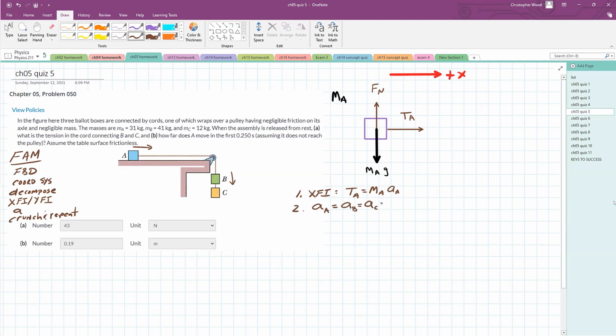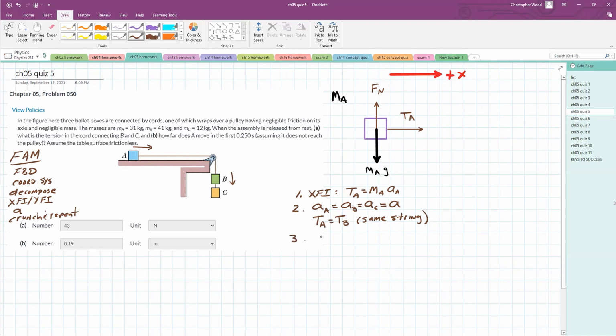So let's just call it a, acceleration a. Okay, and while I'm here, I can see that the tension force acting on block A is the same as the tension force acting on block B, because that's the same string. All right, so just throwing that out there now, because now I can say this.